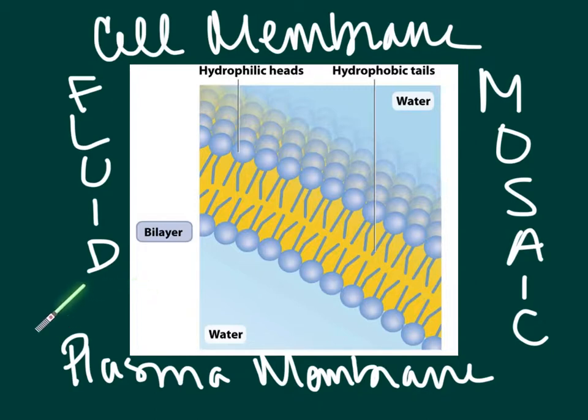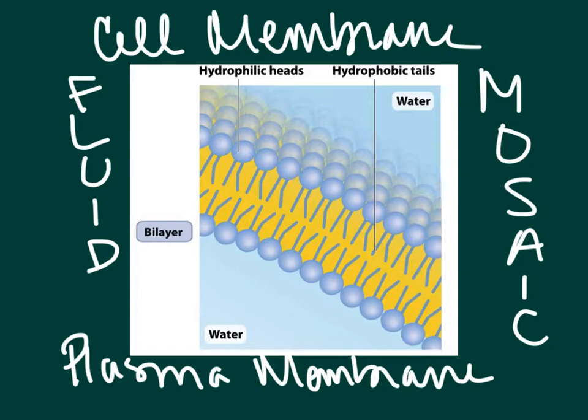Fluid tends to be the one that we have a little bit of a struggle with, because usually when we think fluid, we think liquids, right? In this case, don't think of fluid as a liquid. When we say that a ballet dancer's movements are fluid, we don't mean that they look like a bucket of water. This is an adjective, not a noun.